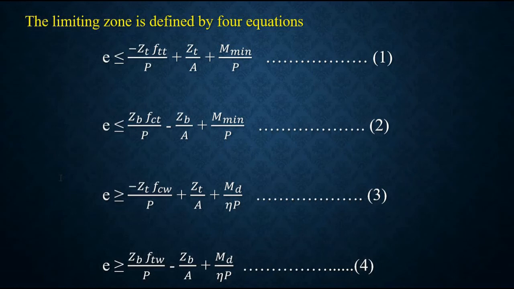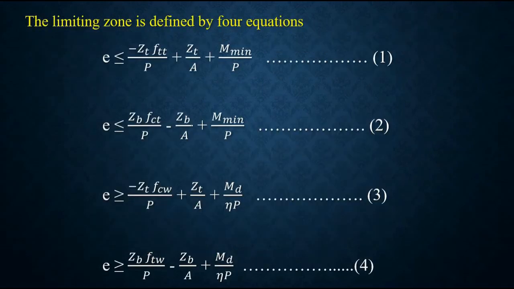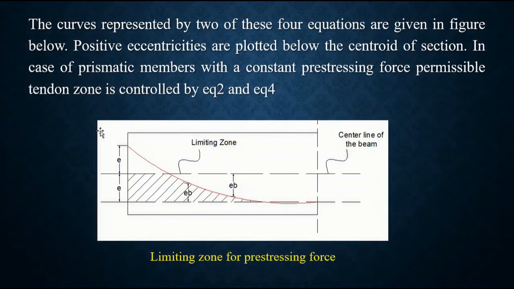How they have plotted that: we have the minimum eccentricity equations given by equation 1, 2, 3, 4, but for plotting this curve we will be using only the second and the fourth equation. Let us come back here and check what the second and fourth equations are. It is the positive eccentricity value we will be using to plot those curves. So I will read this out.